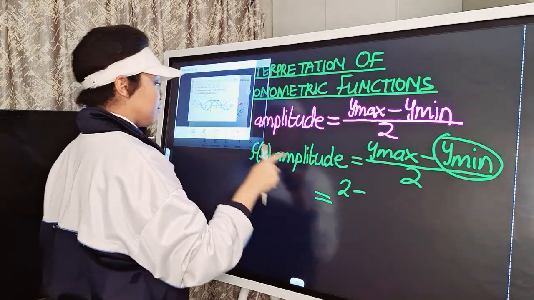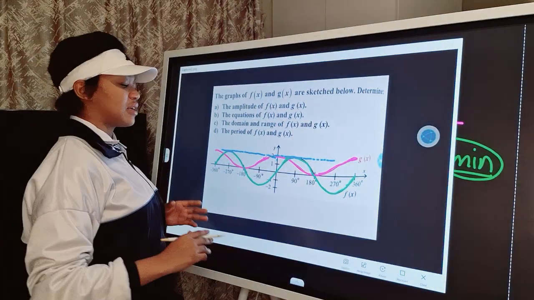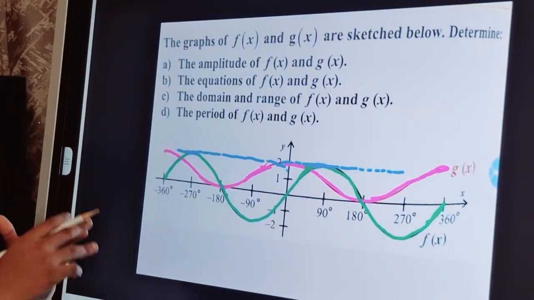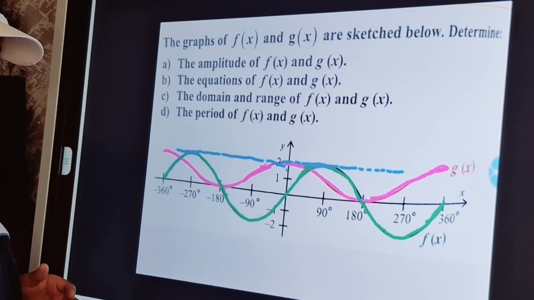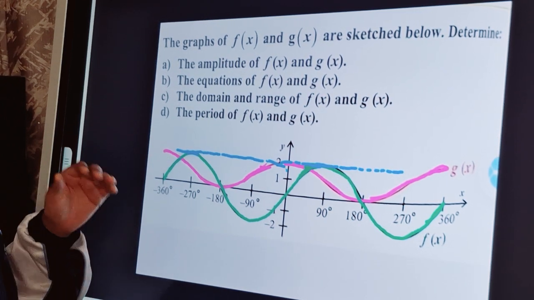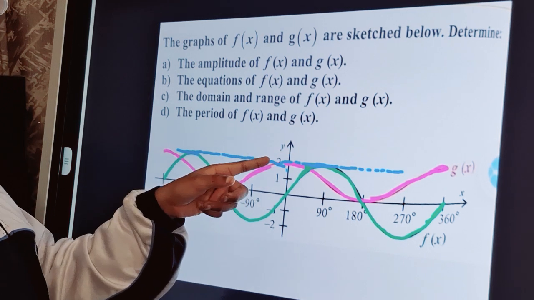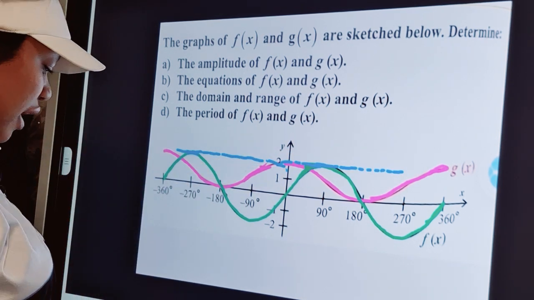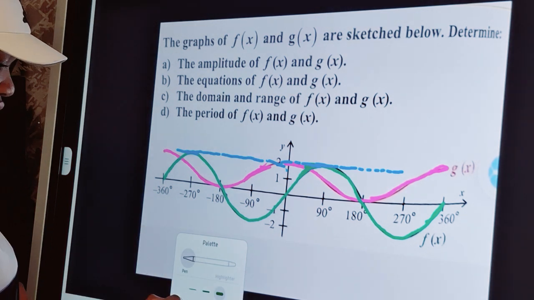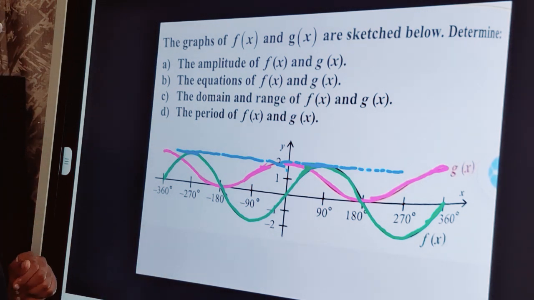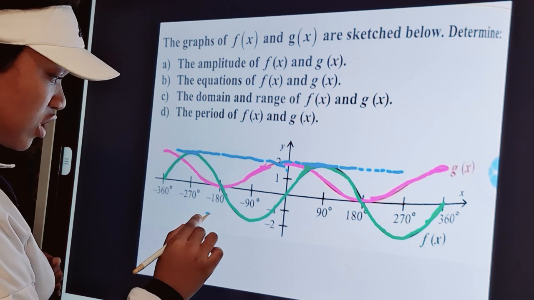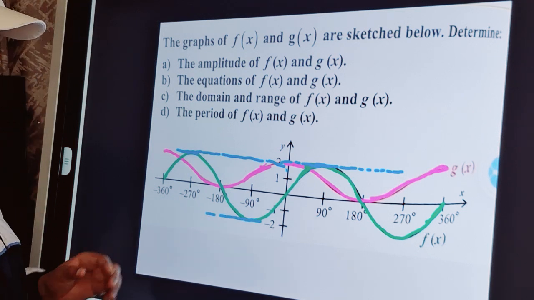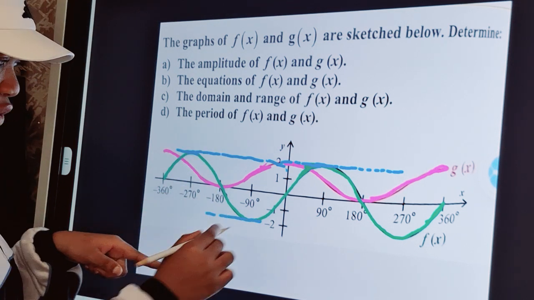Now we're looking for y minimum. We're still looking at the same graph, f(x), and now at the minimum point, meaning the lowest point on the graph. The y max is the highest point, which is 2. Now the lowest point: this is the lowest point of graph f, and the graph doesn't go lower than this point.